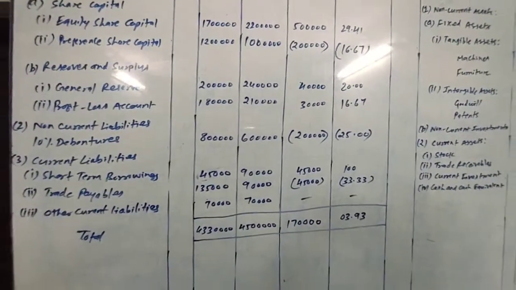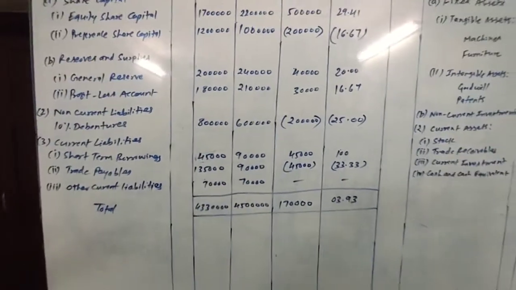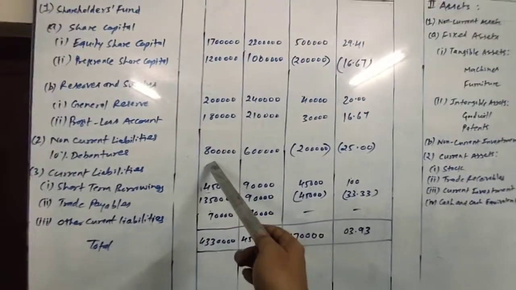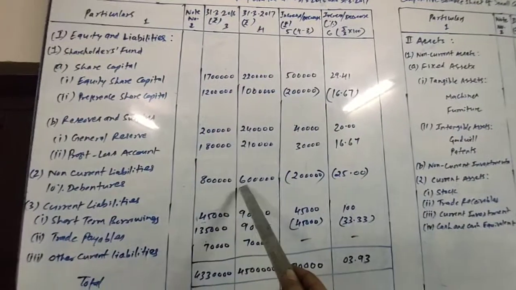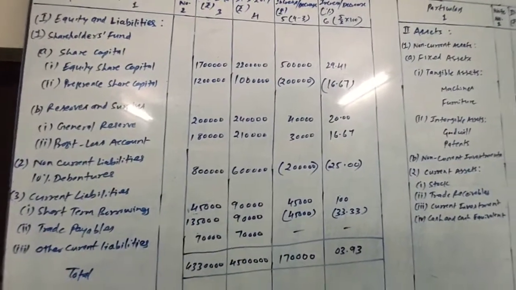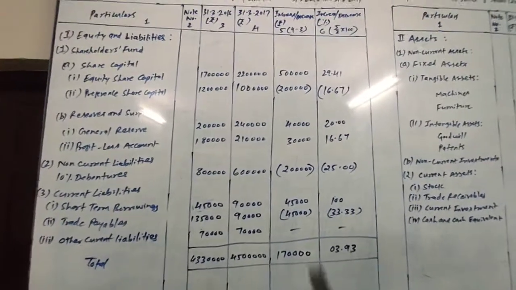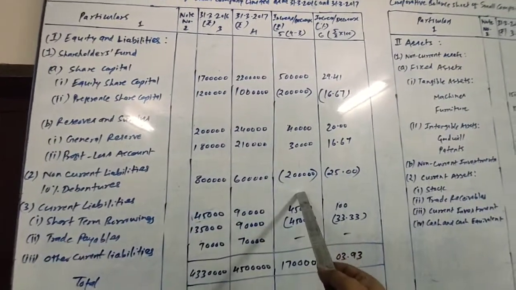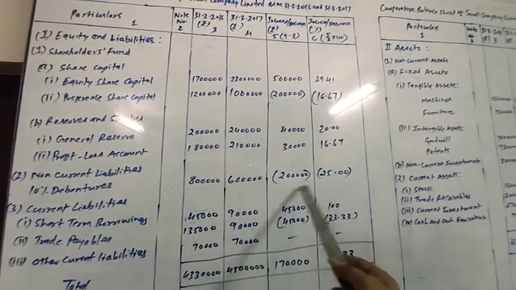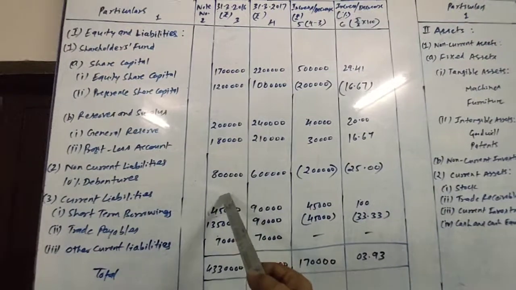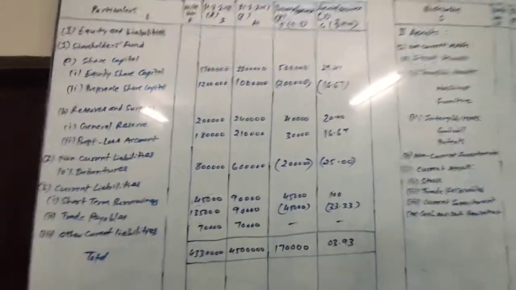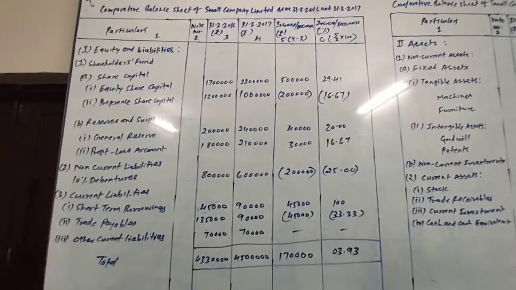Then friends, 10% debentures, which is given 8 lakh in the year 2016, and which becomes 6 lakh in the year 2017. So there is a decrease of 2 lakh, which we show in bracket, and we convert this in percentage. 2 lakh divided by 8 lakh into 100, we get 25%. Okay friends.